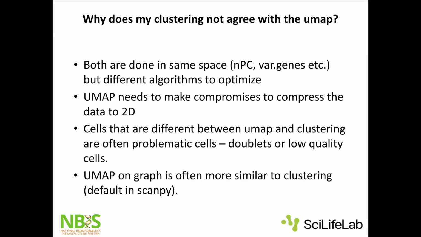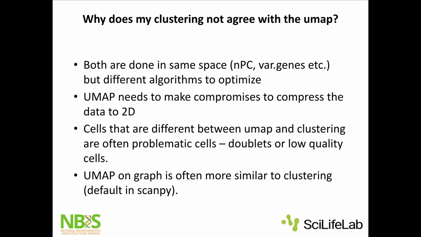In a UMAP, or if we're talking t-SNE, it's the same: we have an algorithm that tries to optimize your data down to 2 dimensions. And always when you push something from a multi-dimensional space down to 2-dimensional space, you have to make some compromise with what variation in your data you allow to be seen in 2D. While when we're doing the clustering, we're optimizing the communities in a graph with a different algorithm. They might have different choices in how they define your clusters.